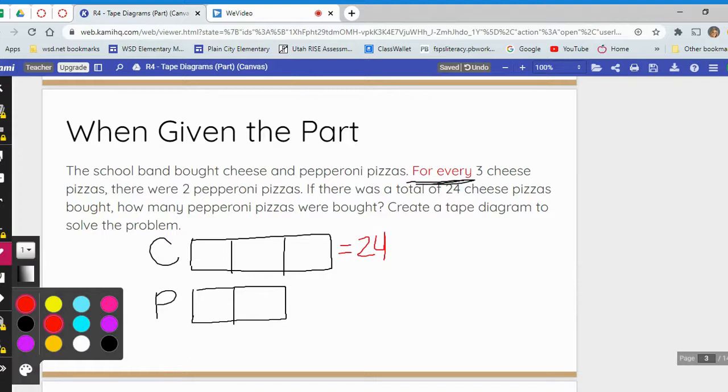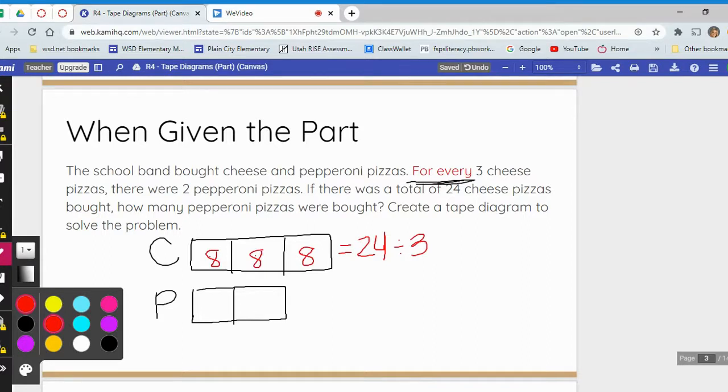Now, when we take that 24, we know those 24 have to be split into these 3 pieces. So we simply take the 24 and divide it by 3 to split those pizzas in between those 3 bars. So 24 divided by 3 is 8. So each one of these sections has to represent 8.